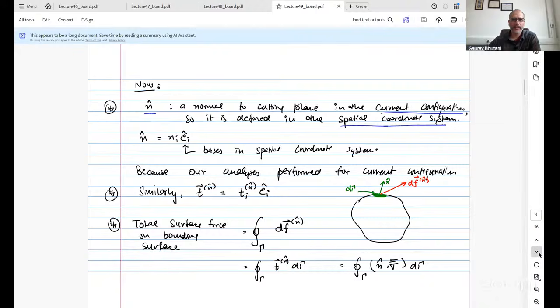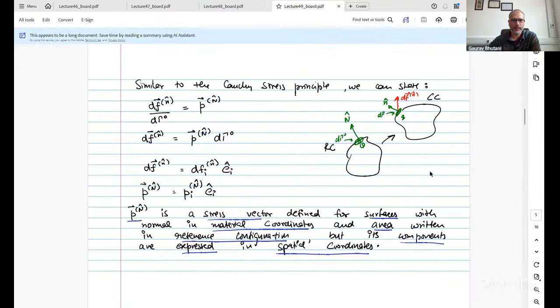Rather than taking the ratio of the force to d gamma, which is how we define the traction vector t, in this case we take df to d gamma naught, where we track back in time the d gamma naught, which corresponds to this d gamma in the current configuration.